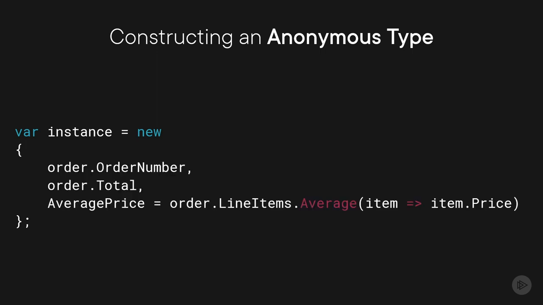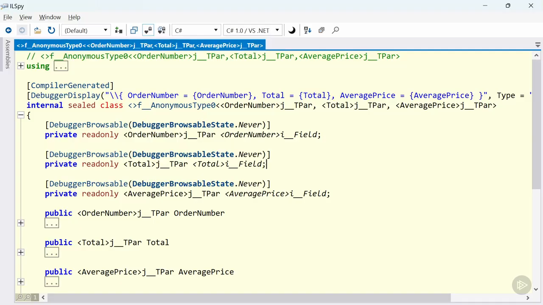When you use the new keyword and the object initializer without the type, the compiler will know that this is an anonymous type. When you create an anonymous type, the compiler generates a class with the appropriate properties and methods for you.